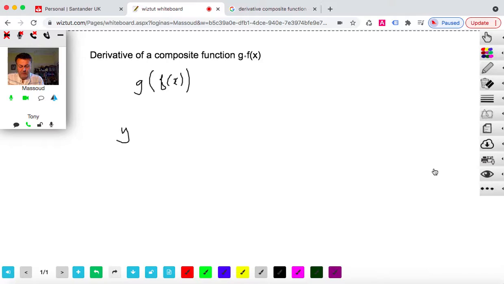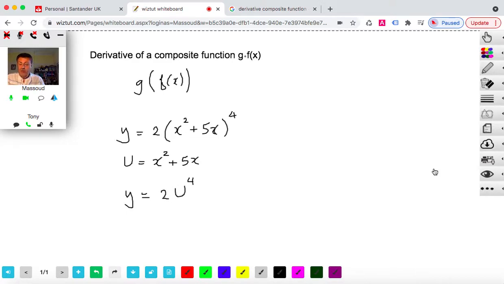If we, for example, have a function of x, which is y equals 2, say, (x squared plus 5x) to the power of 4, then the normal way that we go about this, without taking shortcuts, is that we make a substitution, and we make the content of this bracket a new variable called u, and hence y would become 2u to the power of 4.